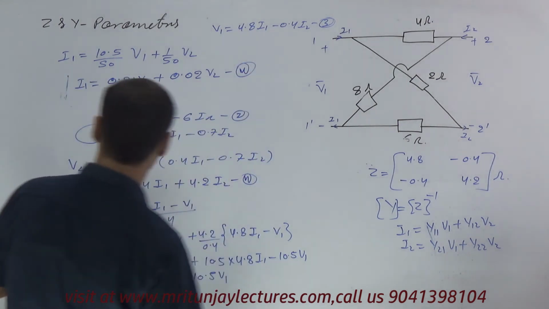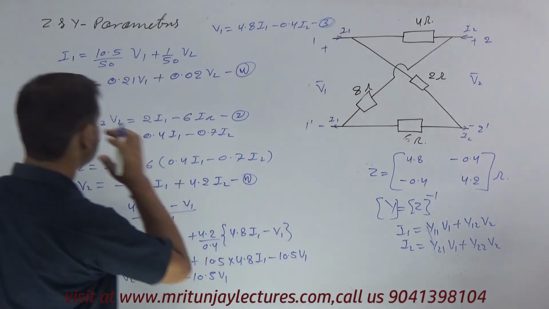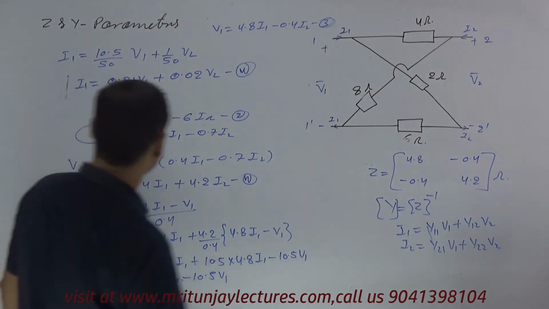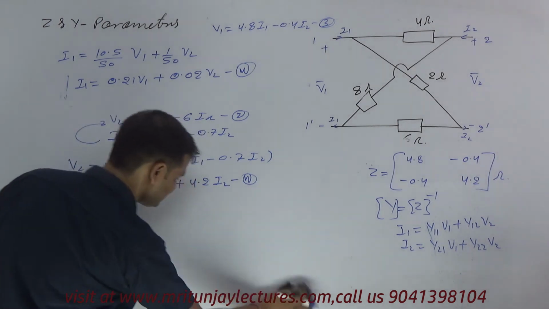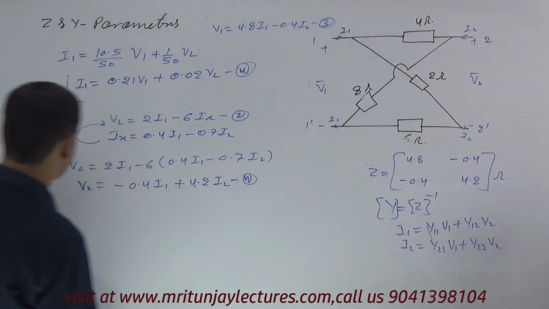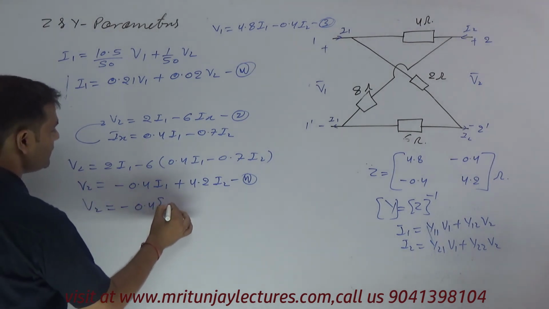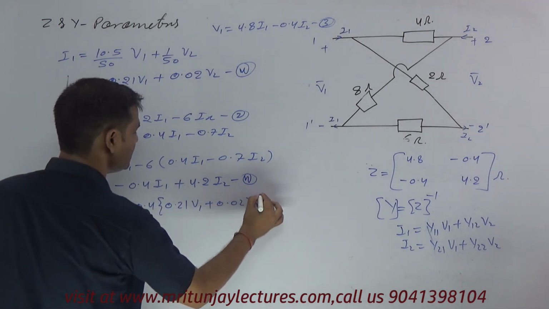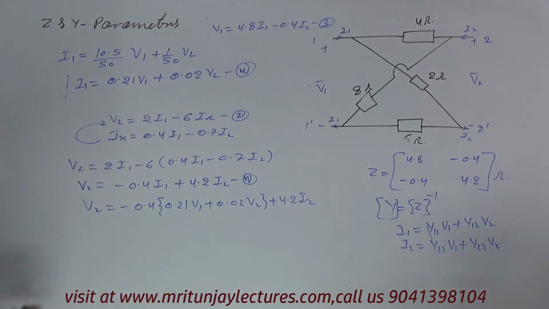Now if this value is put in equation number 3, V2 will equal minus 0.21 into V1 plus 0.02 V2 plus 4.2 into I2. So what about I2?